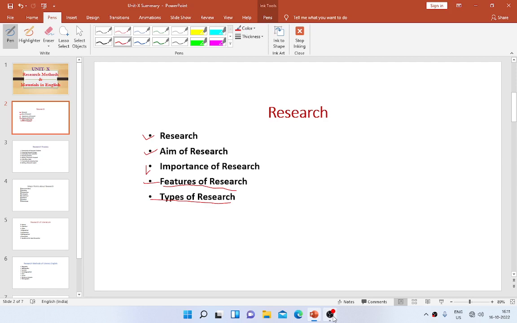The next type of research is empirical research. Empirical research relies on experience or observation alone, without due regard for system and theory. It is data-based research, coming up with conclusions that are capable of being verified by observation or experiment.